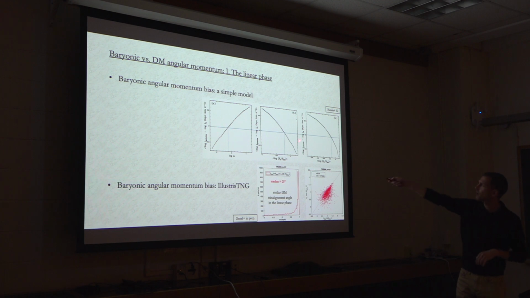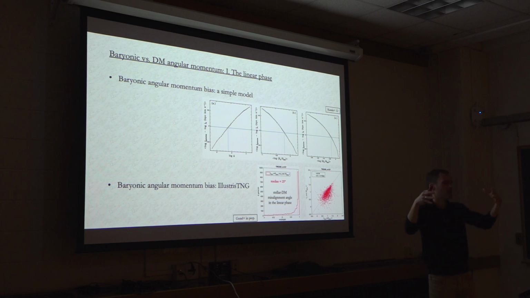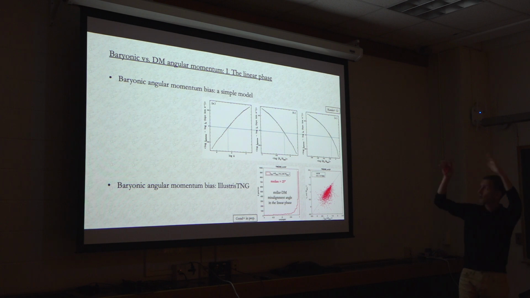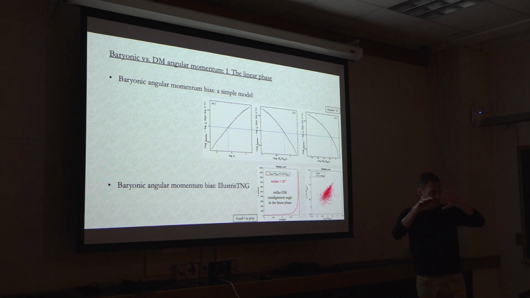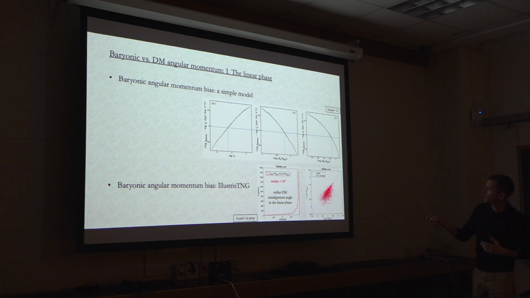So essentially they asked what radius within the halo we have to assume that the baryons came from so that we get lower angular momentum for the stars than for the halo as a whole. And they found this has to be about 60% of the virial radius. They said maybe you don't have to consider loss, but just that the baryons come from the inner part of the halo. We can test this in simulations, and we find somewhat of a similar picture.